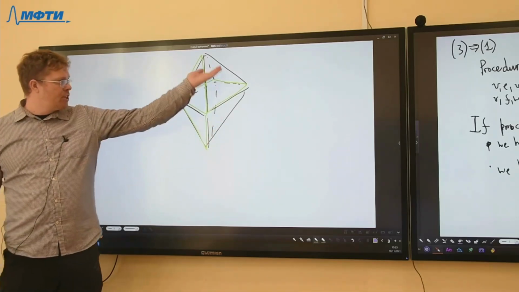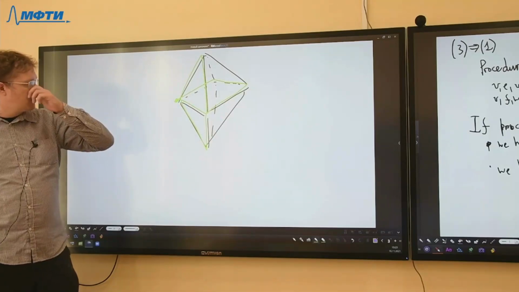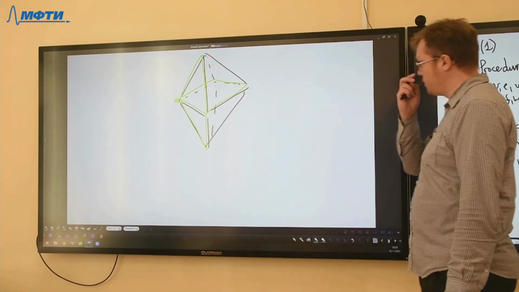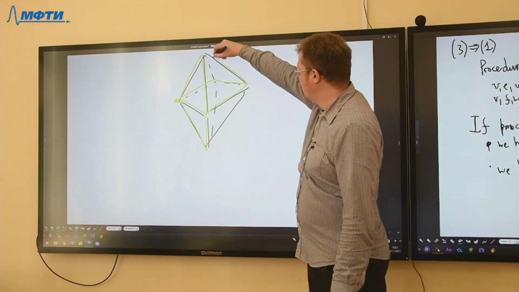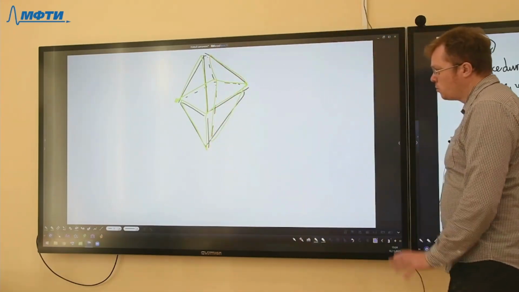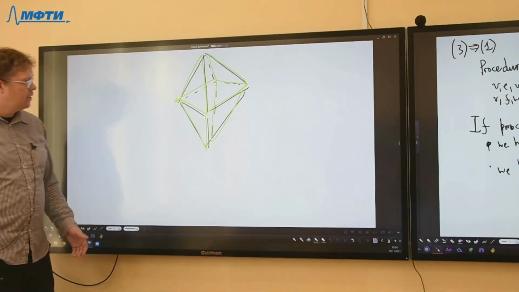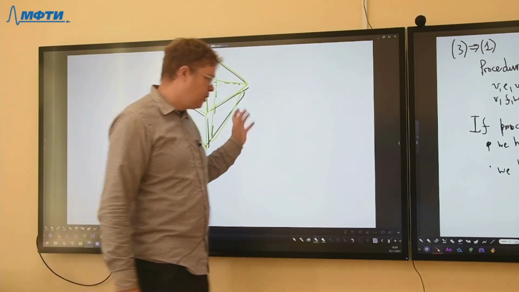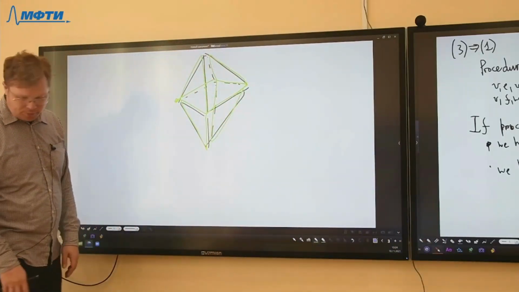But some edges are left in my graph. To add them to the circuit, I need to add this to the other part. So I just need to, for example, start here, go through this cycle and continue here. Again, if we do this straightforwardly from the second statement, then we need to be accurate to count all of the edges.